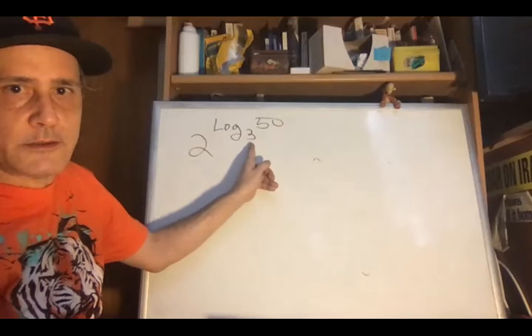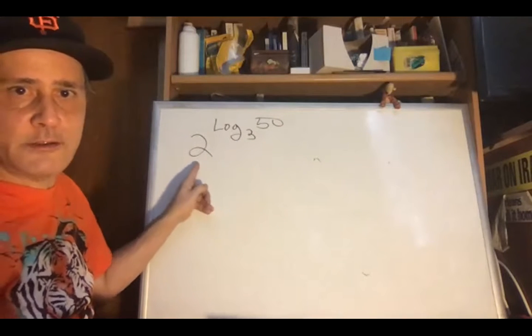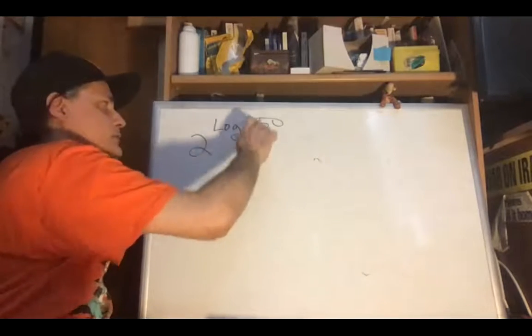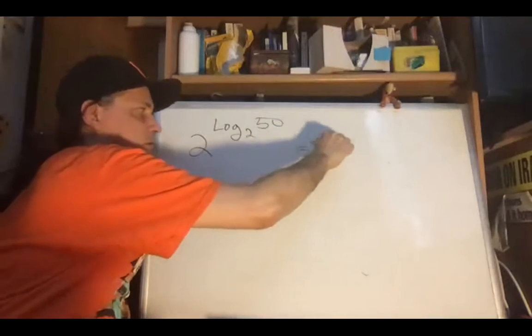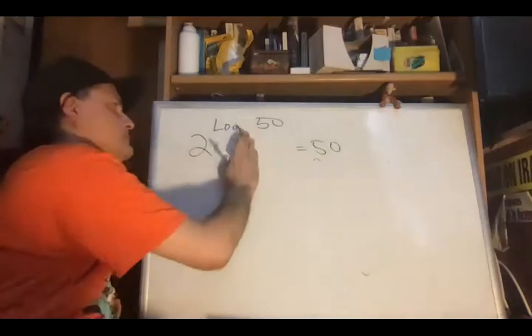Again, the base that we're using for the logarithm isn't the same as the base we're applying the logarithm to. If this was 2, that would just equal 50. It's not 2.